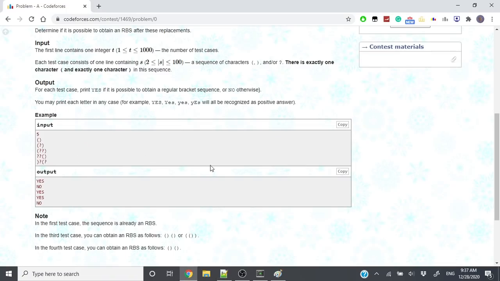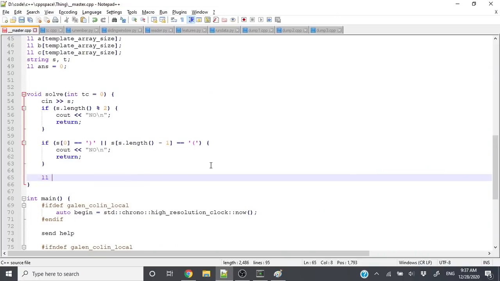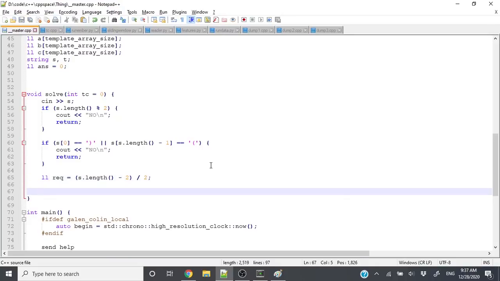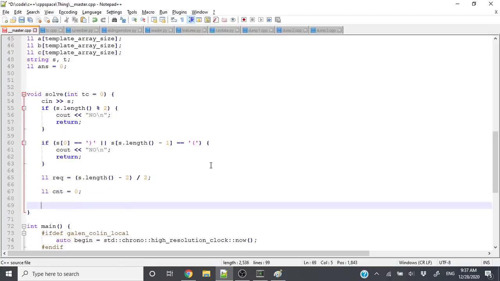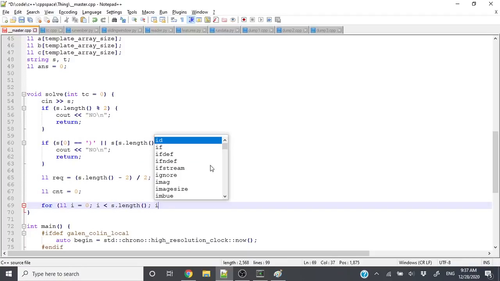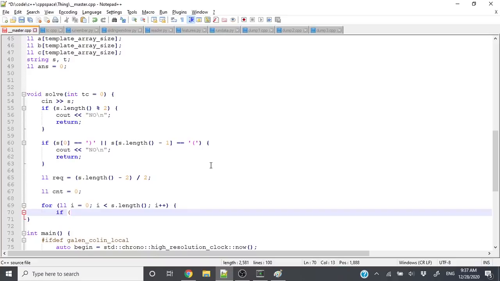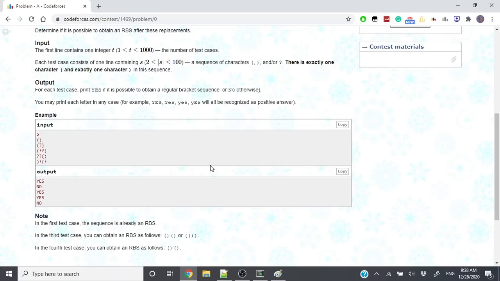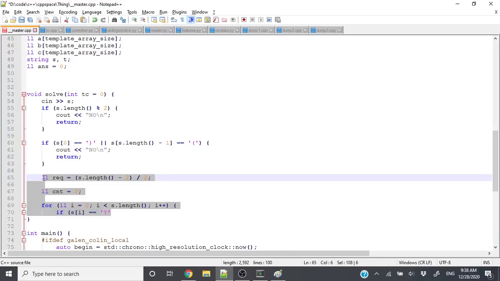And let's see, otherwise, let's see. And just go through and replace the characters. So if SI is equal to a question mark, then replace it with something. Oh, actually, we don't even need to do that.